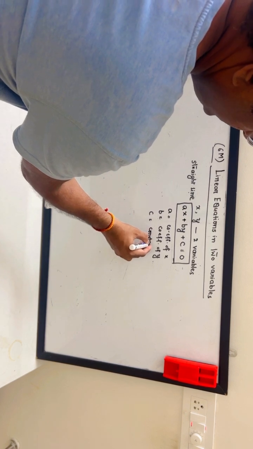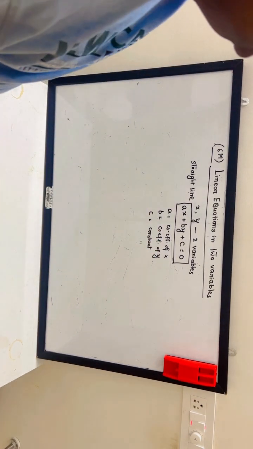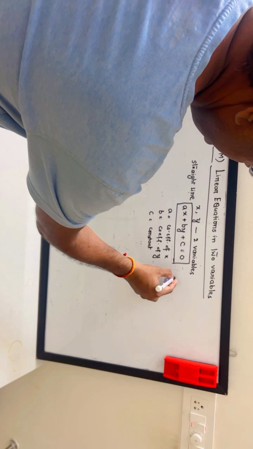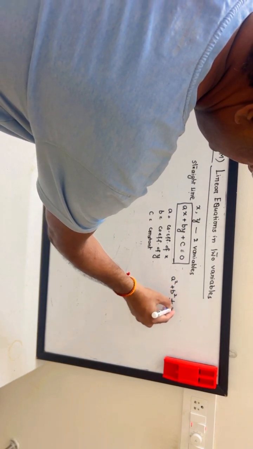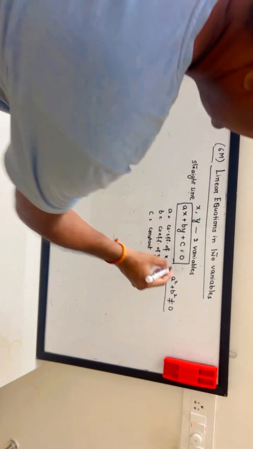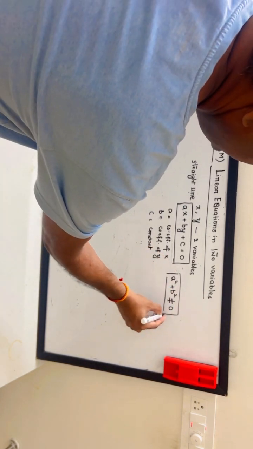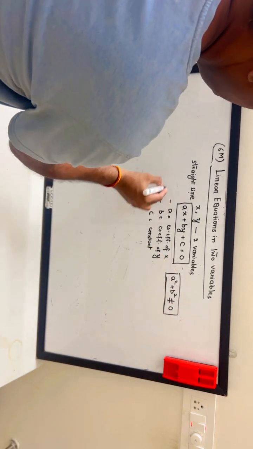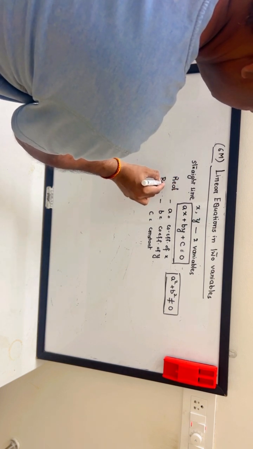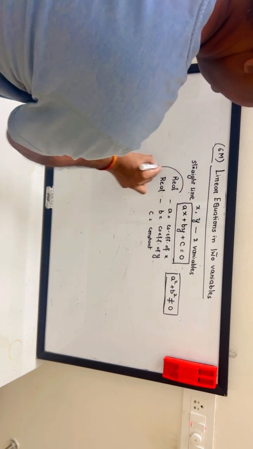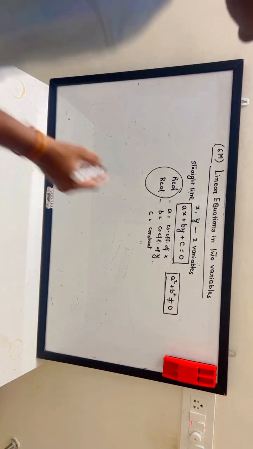The only important consideration you need to remember is that a square plus b square should never be equal to 0. It means a and b are always real numbers. C is your constant.